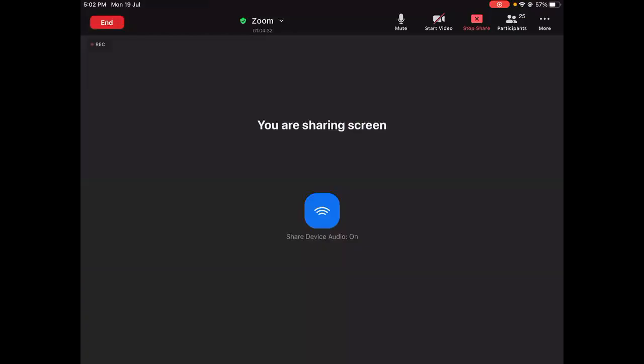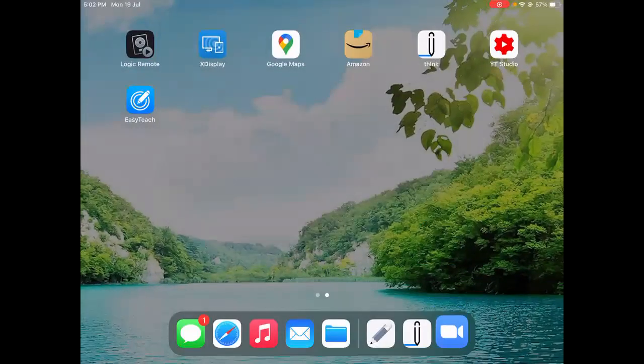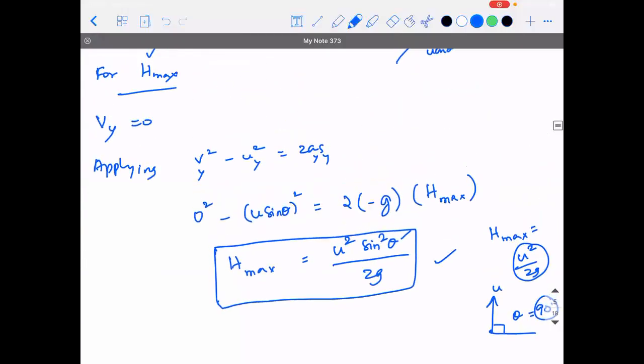U sin theta is the one along vertical. I applied the formula very clearly. I applied maximum height since it is along the y direction. I ensured that I apply v square minus u square is equal to 2as along the vertical direction. So what is the initial velocity along the vertical? It is u sin theta. That is why I took sin theta.